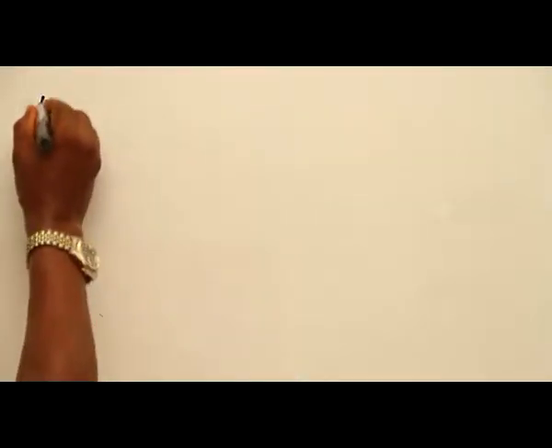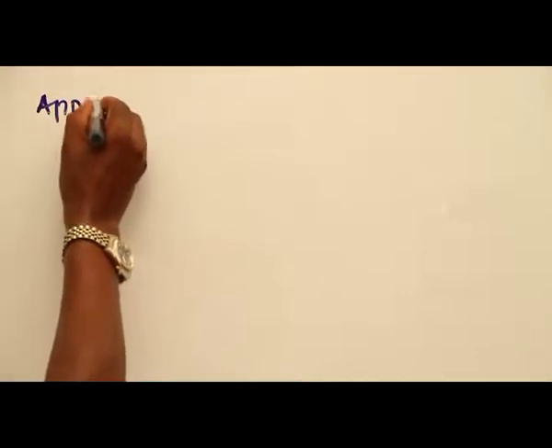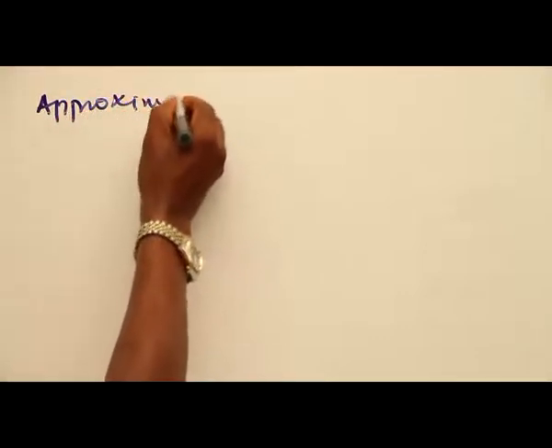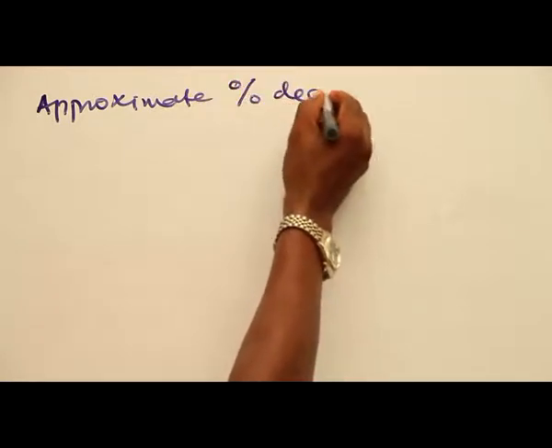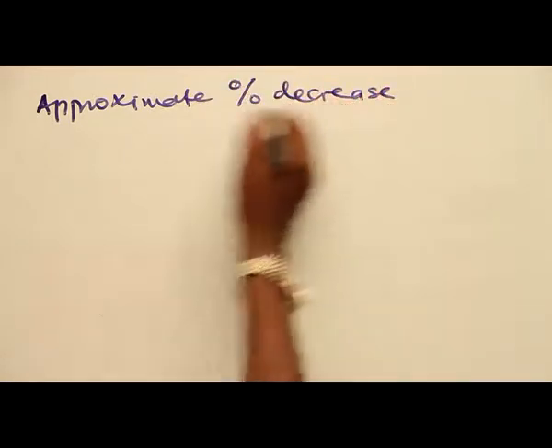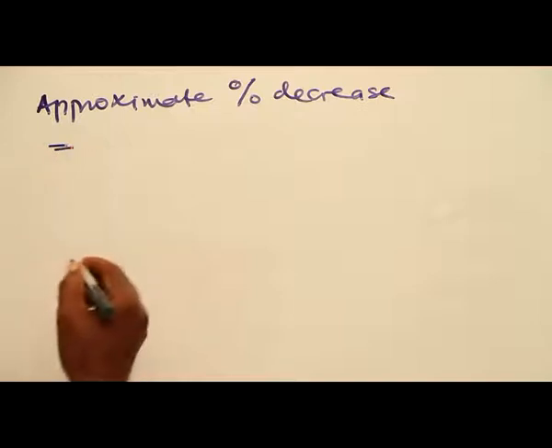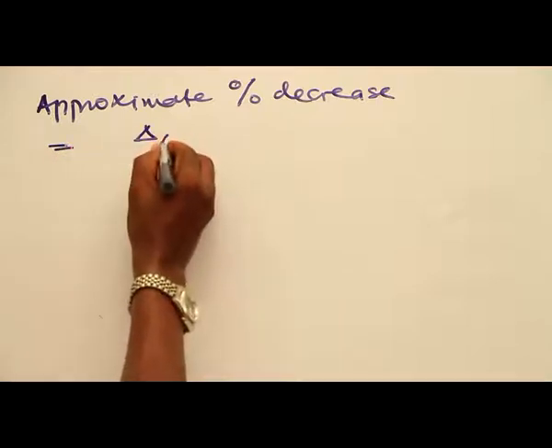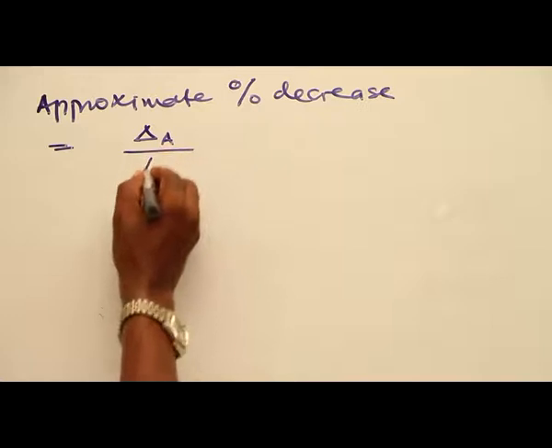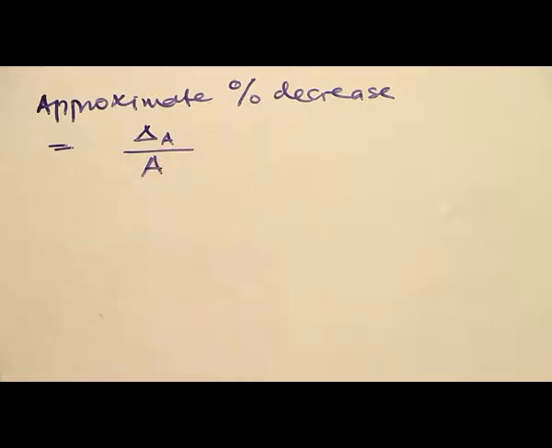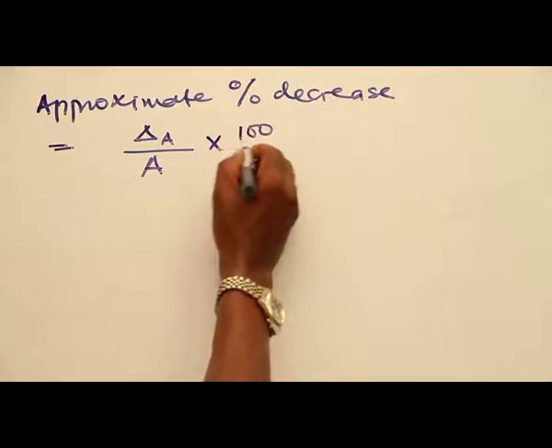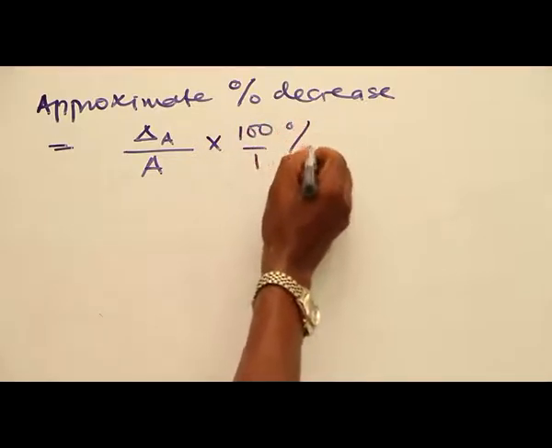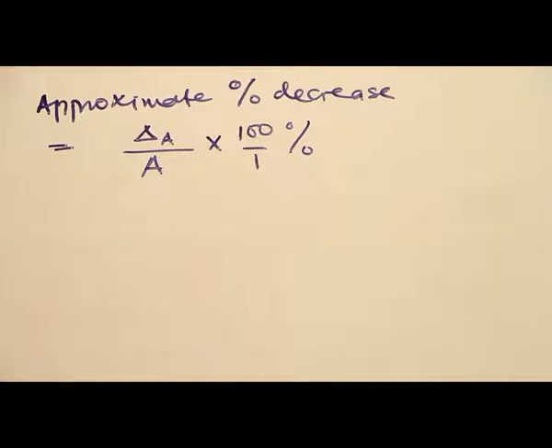Now, our approximate percentage decrease is equal to your delta A all over the original area, and then multiply this by 100 over 1 in percentage.